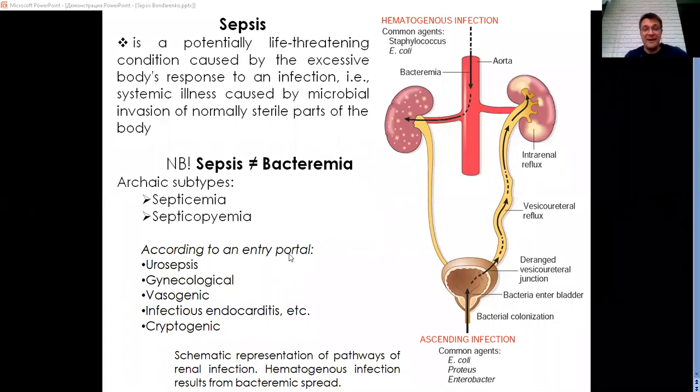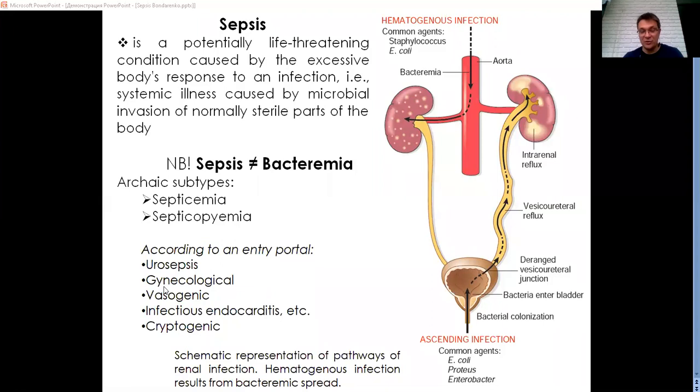According to the entry portal, we may classify sepsis into different subtypes. For example, when the portal of entry of the microbes is located within the kidney or the urogenital tract, we call this type of sepsis urosepsis.